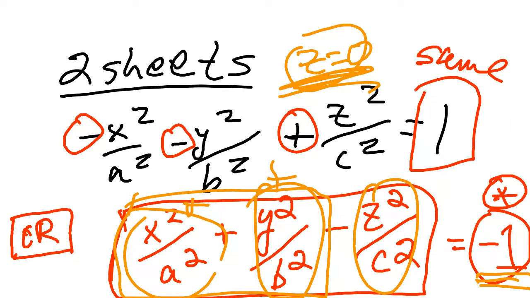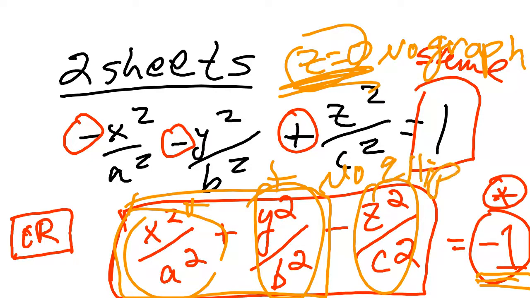So there is no graph allowed here. In other words, you don't get the ellipse. There is no ellipse on an elliptic hyperboloid, not for a while.